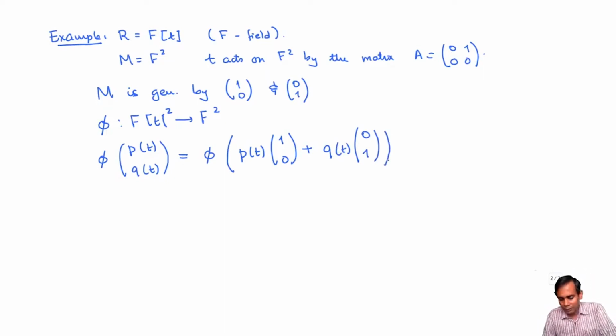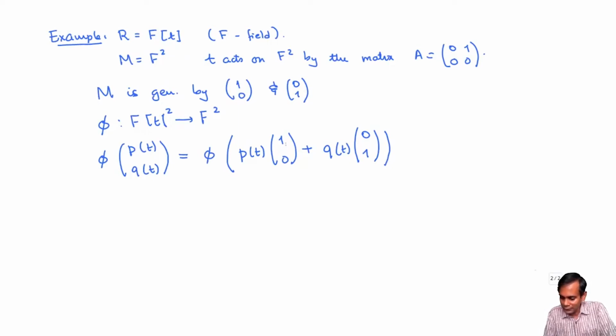And as per our prescription for writing finitely generated R modules as quotients of R to the n, we must take this 1, 0 to the first generator and 0, 1 to the second generator.